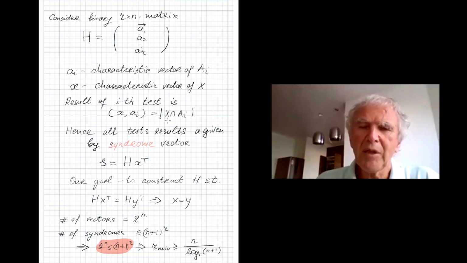Implicitly, it was already in this paper, which I already mentioned, Erdős and Renyi in 1963, when they considered the particular case of the Hamming space.